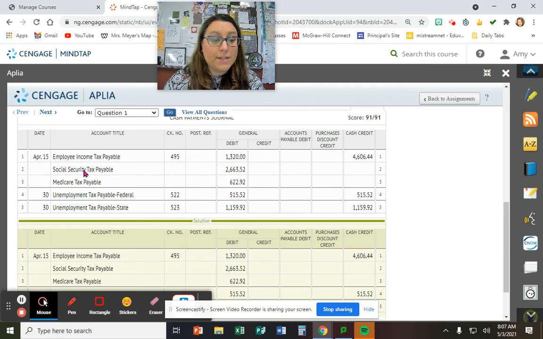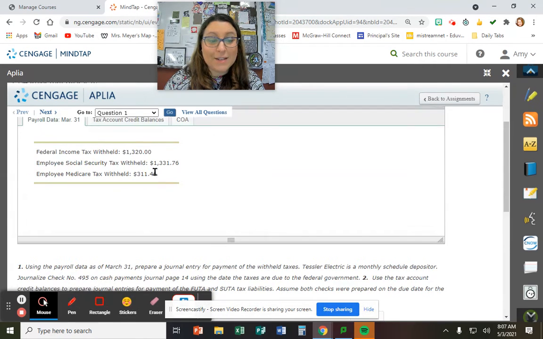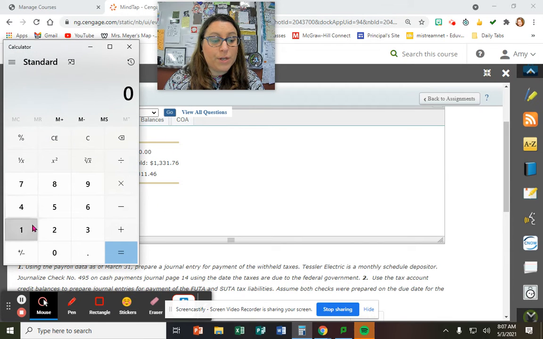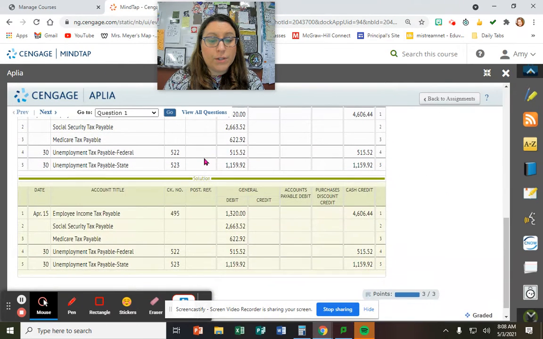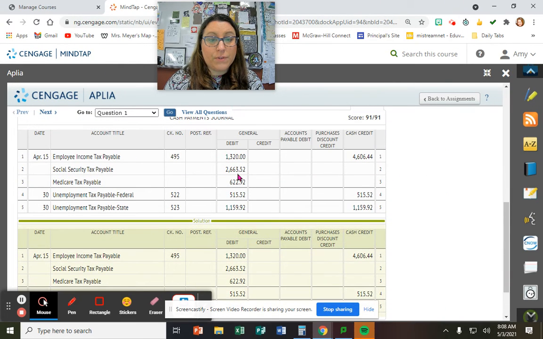The next tax is Social Security, but you cannot copy this number. You actually have to take 1331.76 and multiply it by 2 for the employer's portion as well. So 2663.52. There it is, 2663.52.